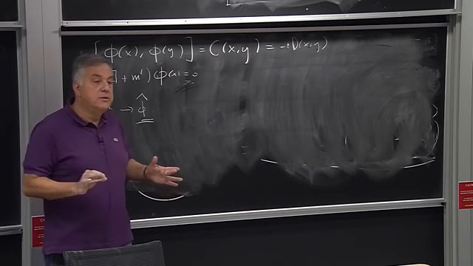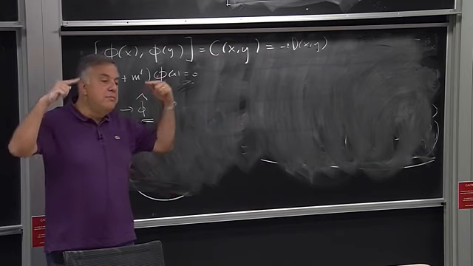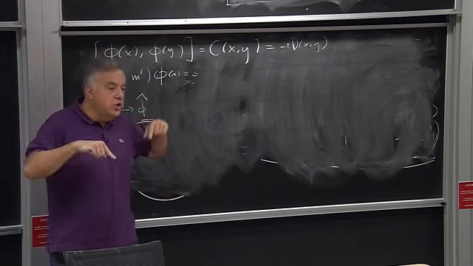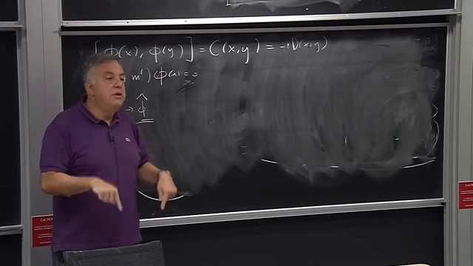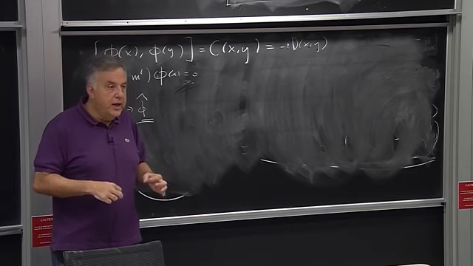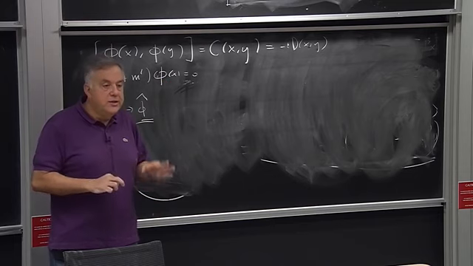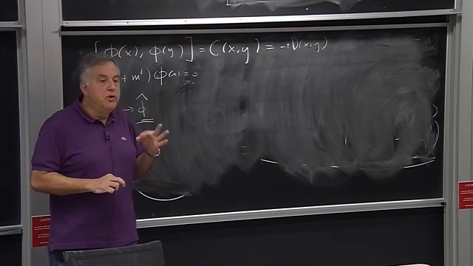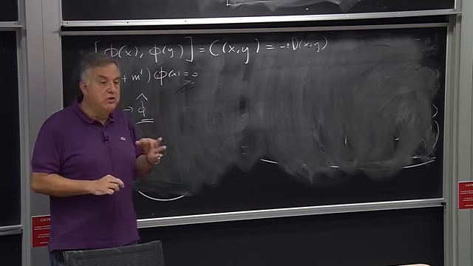When you have a symmetry of the algebra which is not a symmetry of the representation, you speak of spontaneous symmetry breaking.